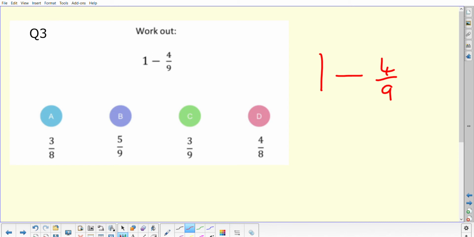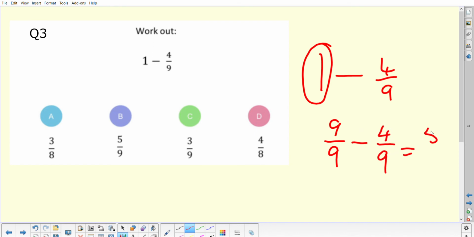This is where you want to be thinking about changing that into a top heavy fraction, and because we're dealing in ninths, the one whole piece is like having 9 bits, 9/9, and if you take away 4 of them, then you will be left with 5/9. So your answer again should have been answer B.